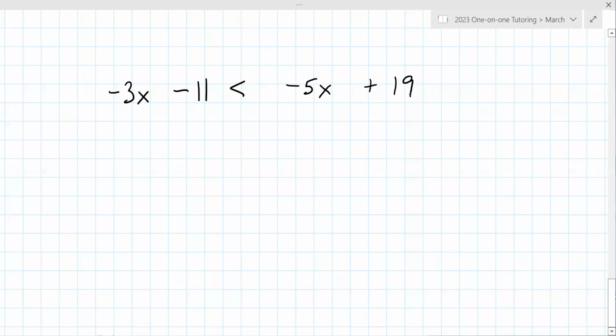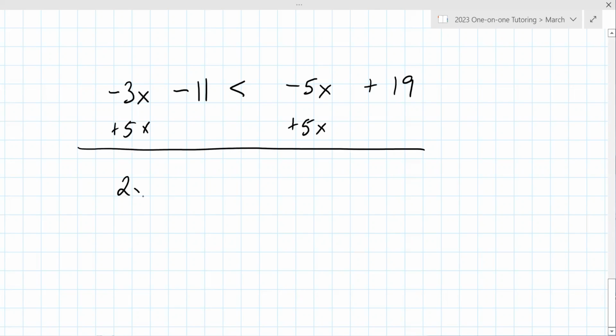Okay, so this time when you move the variable to the left, in this case the negative 5x, you have to add it, which is different than the previous problems. So sometimes it works out nicely when you move it left. In this case, 2x minus 11 less than 19.